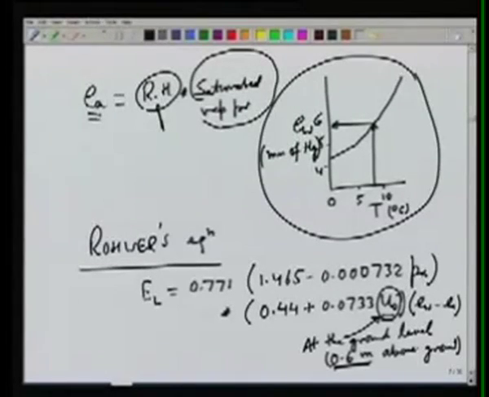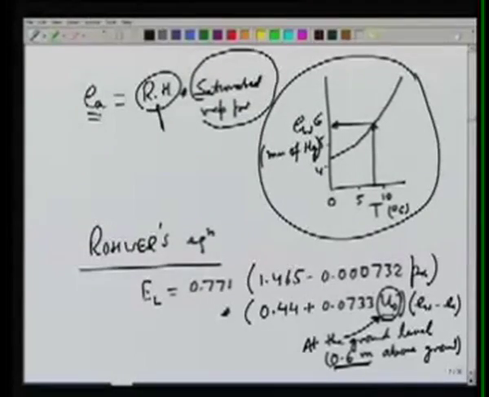So velocity at the ground level typically is taken 0.6 meter above the ground level. So this we can measure, or if we don't measure, we measure some other height, we can convert it using the 1/7 power law. EW and EA we have already seen how to obtain.